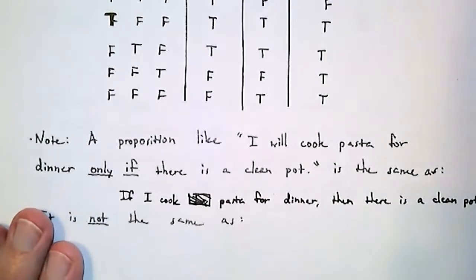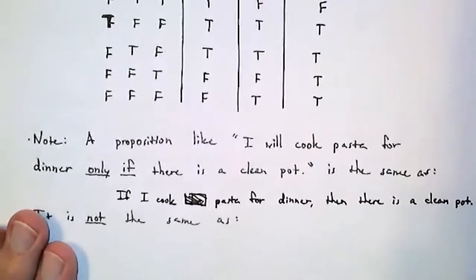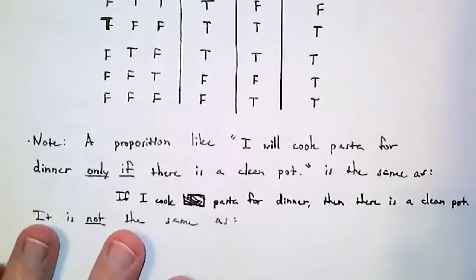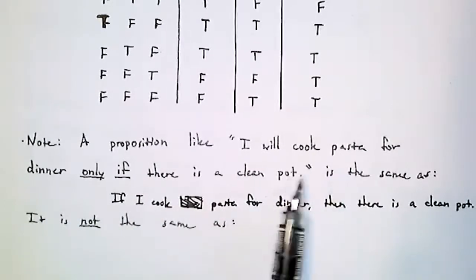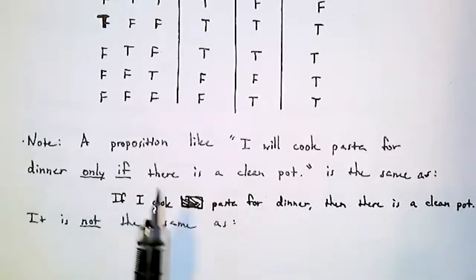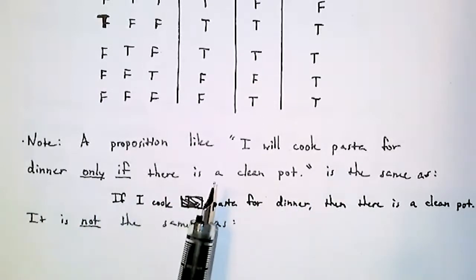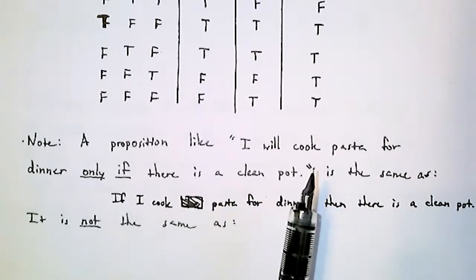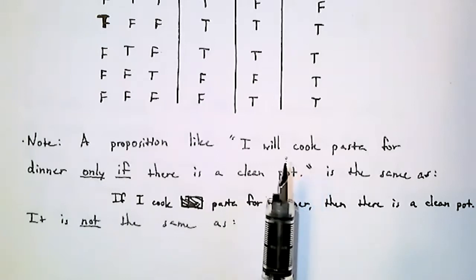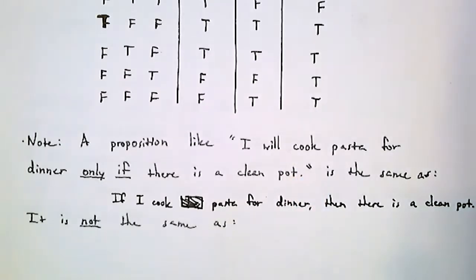The reason why goes back to the truth table. I will cook pasta for dinner only if there's a clean pot. If I don't cook pasta for dinner, then there could be a clean pot or not, and my statement is true. Does that make sense?